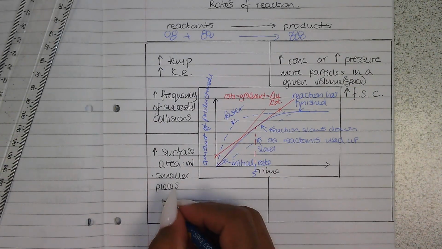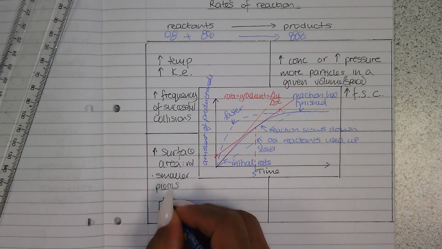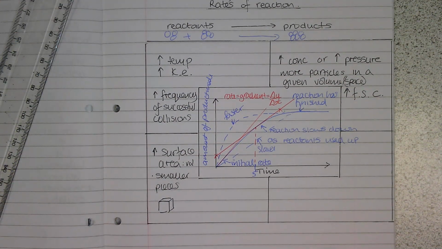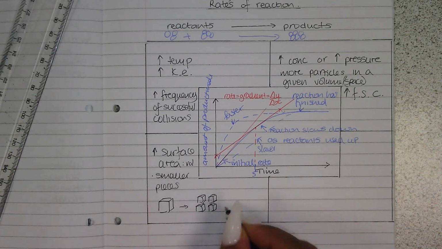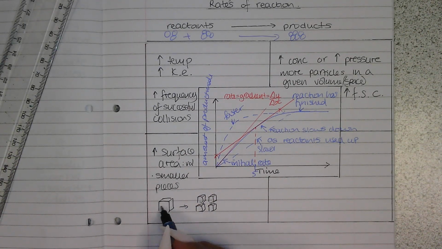What that means, I'll lay it out like this. Say if we had a piece like this, and that could be quite a large piece of one of our reactants. If we make it smaller, rather than just having these surfaces available to collide with another reactant, we've now created all of the surfaces when we've made the piece smaller.